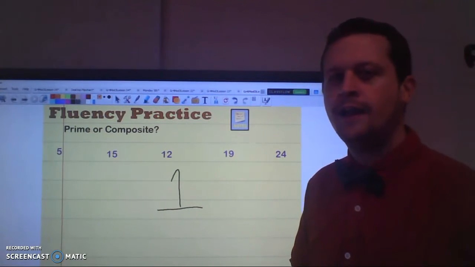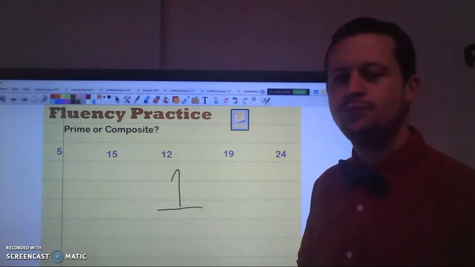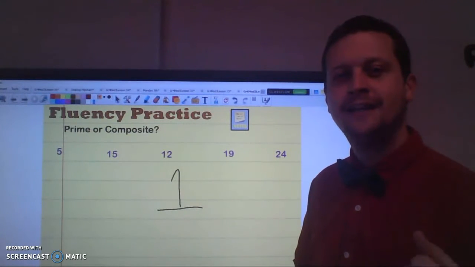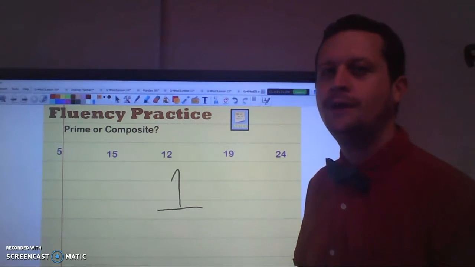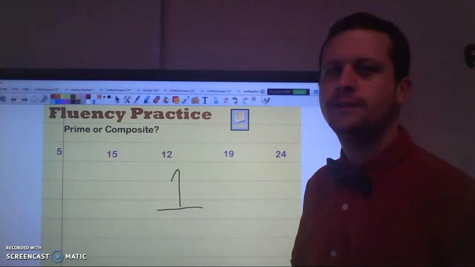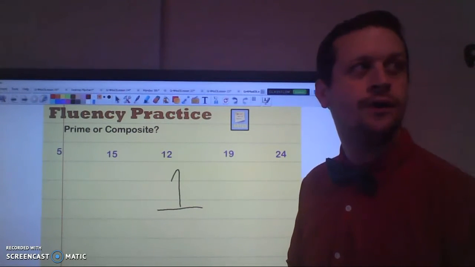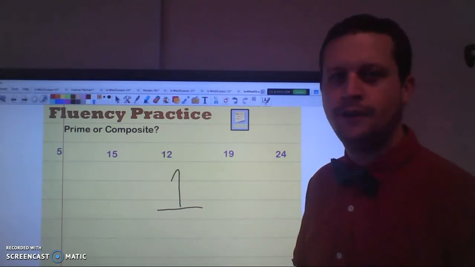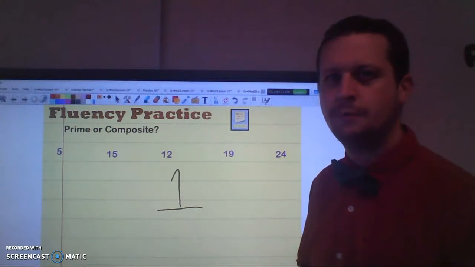And I'm going to stop this. I'm going to let you take a guess. Is it prime or composite? Remember, prime only has 2 factors. Composite has more than 2 factors. All right? So let me give you a second to think about that.